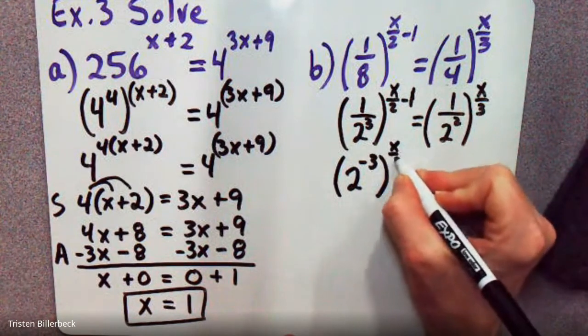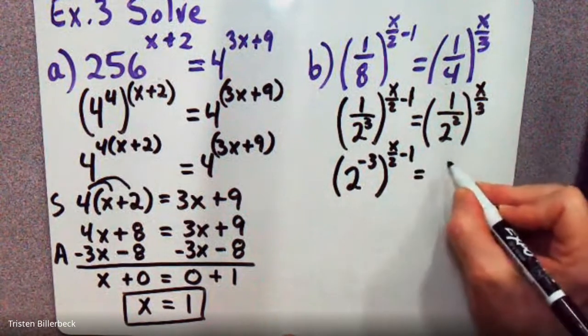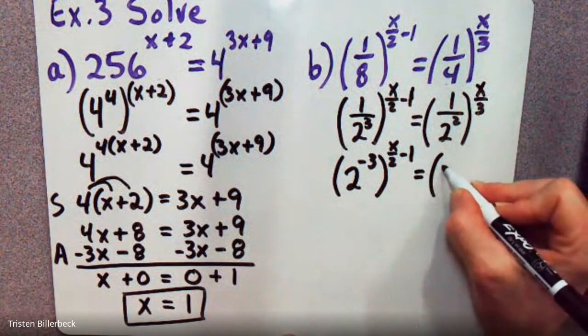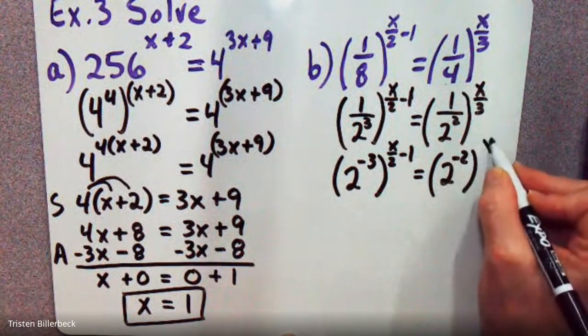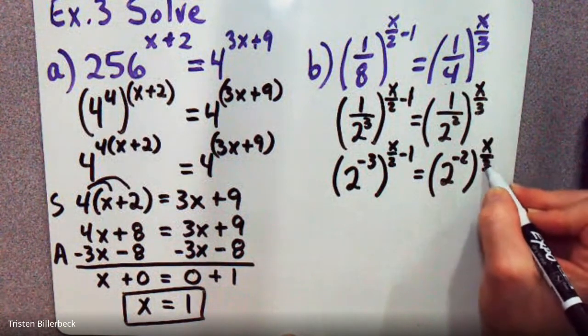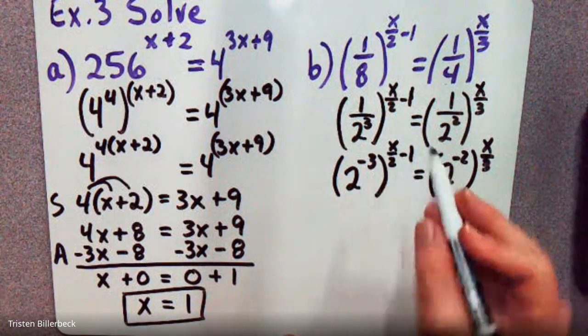So x over 2 minus 1 equals, and then we have 2 to the negative 2, and then x over 3. So now I have again the power of powers.